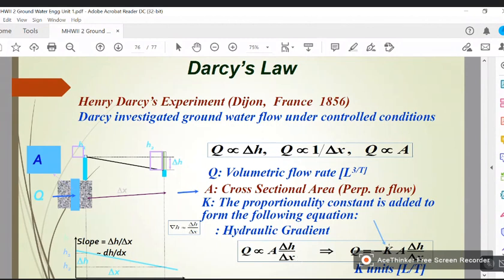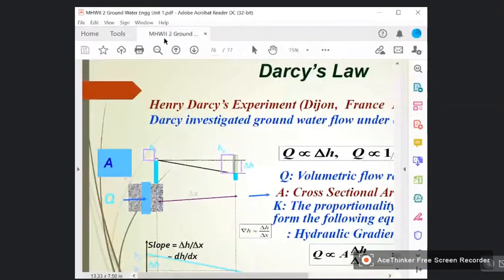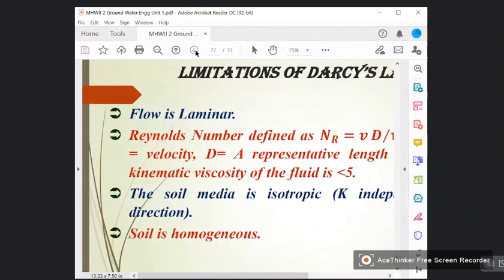Now tell me why minus is introduced here. I could have simply said Q is equal to K A delta H by delta X. Why is minus introduced by Darcy? Come on, anyone? Falling. Falling means what?